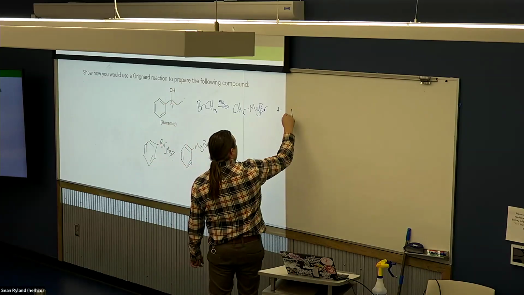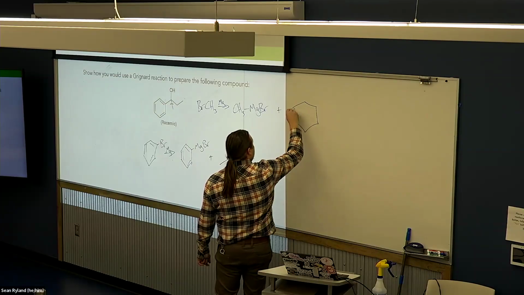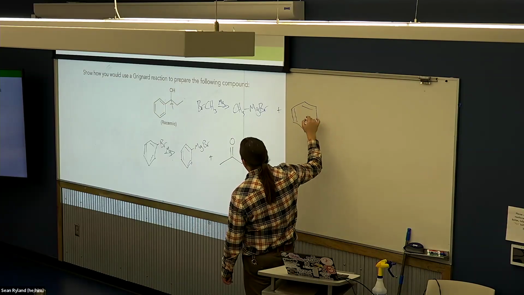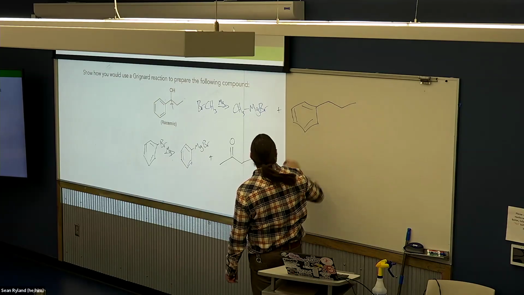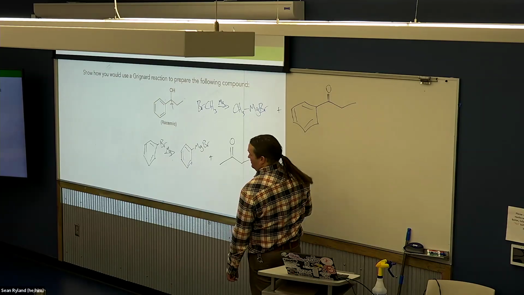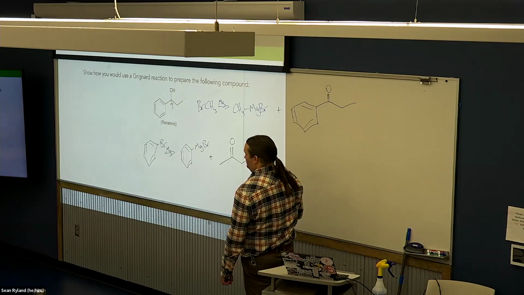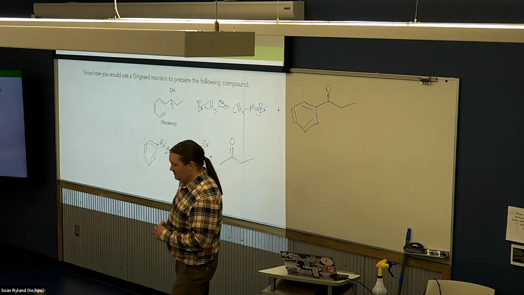So that would look like a benzene ring and then 3 carbons attached, right? So that's an option as well.